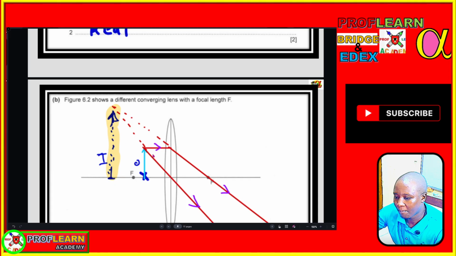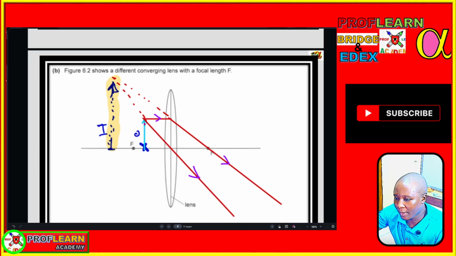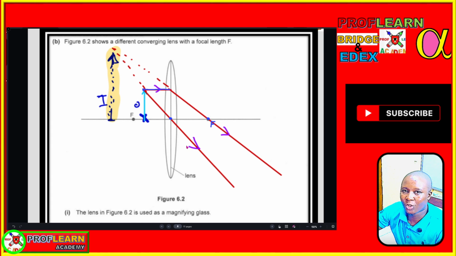But if we were talking about imaginary rays, then we shall have an imaginary image. If you draw a ray parallel to the principal axis that passes through the principal focus, and another ray from the top of the object through the optical center of the lens, these rays, if you look at them clearly, are not going to meet in front anywhere. So you extrapolate the lines backwards, and you realize that the two extrapolated lines meet somewhere here.